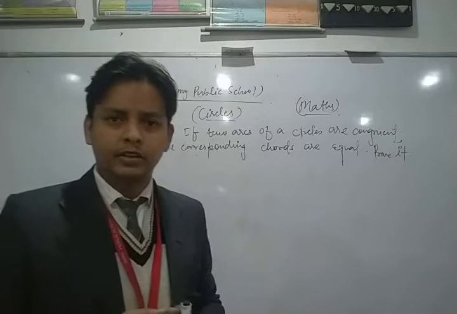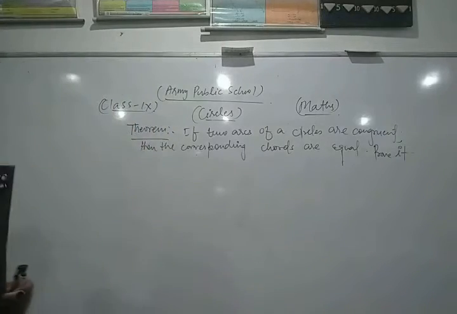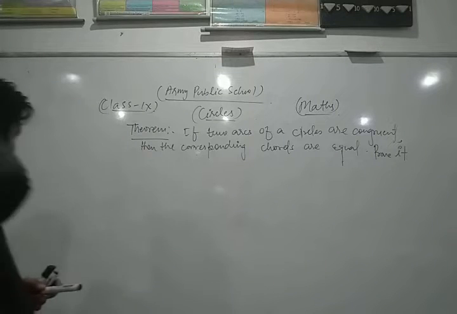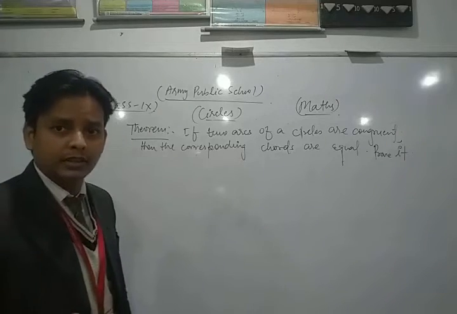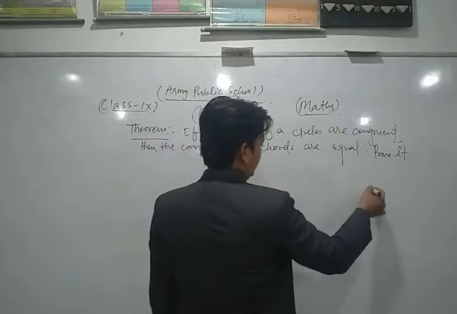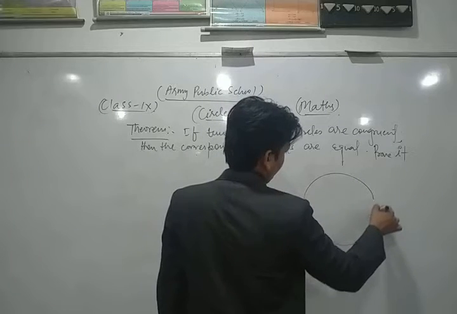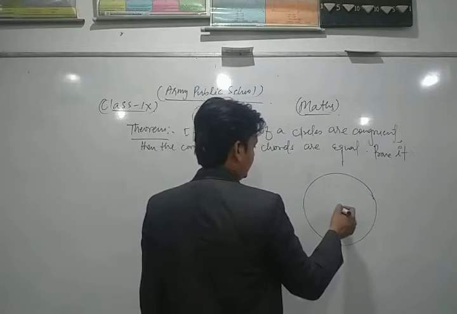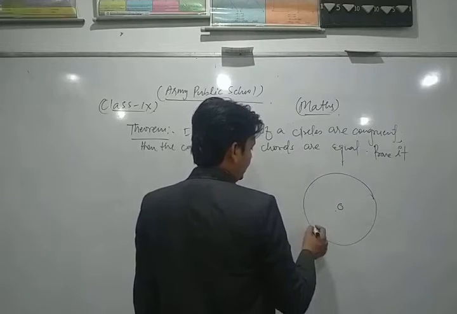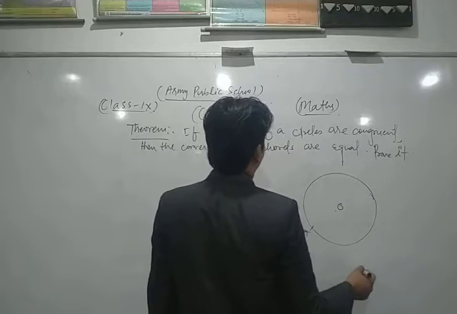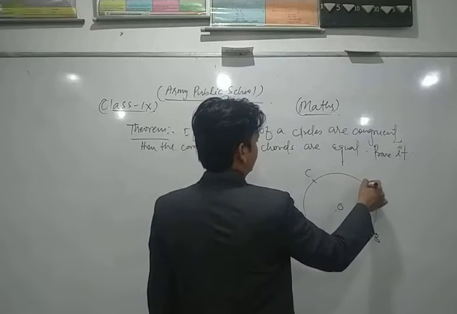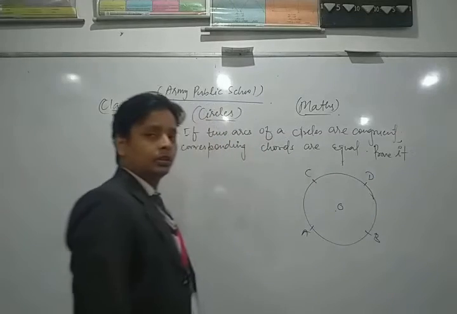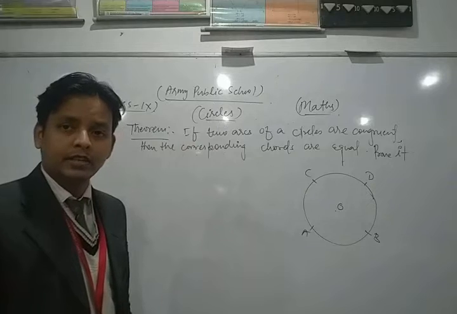Okay, now look. First of all we form a circle. We draw a circle. Suppose we take a circle with center O and radius R. Let us take two arcs AB and CD, and the arcs are congruent.